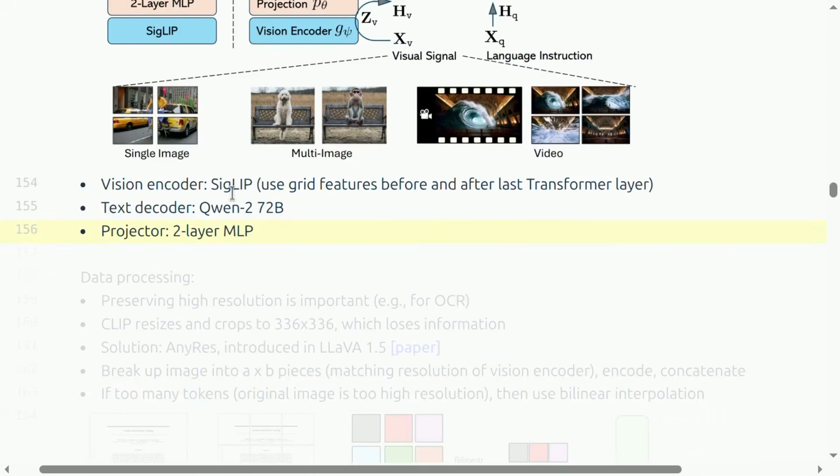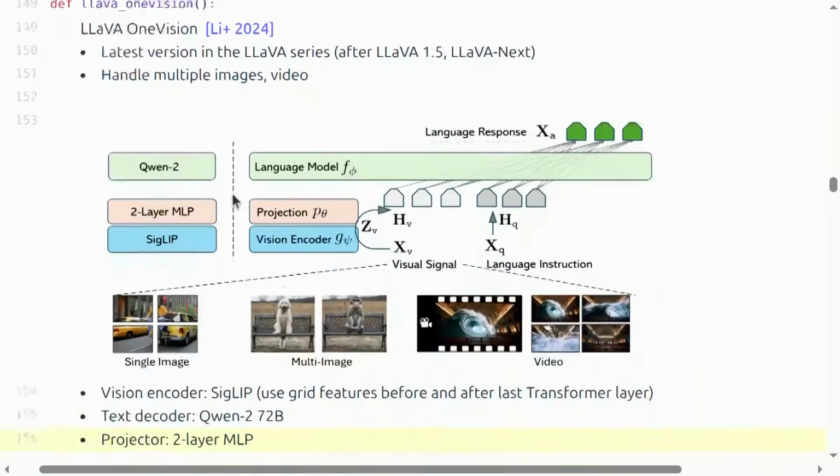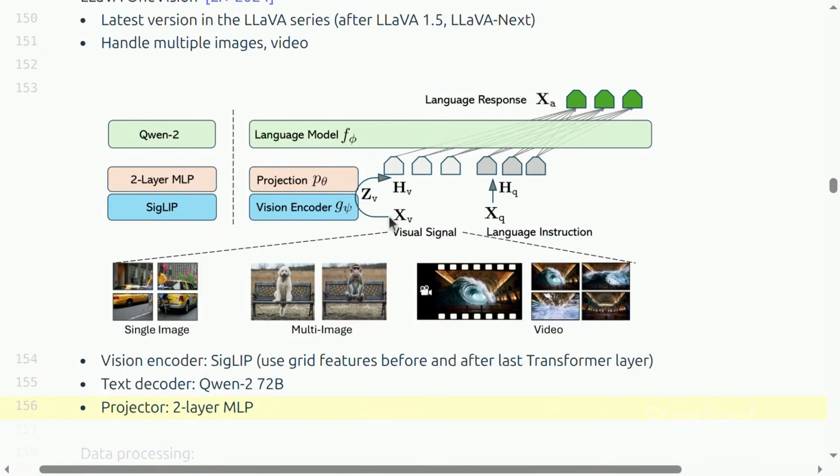And the projector, or the adapter, which is the thing that takes the output of the vision encoder and turns it into the input of the language model, is a 2-layer MLP instead of a linear projection. Okay, so it's like you have a system and you're just upgrading the parts, but it's the same kind of rough system.